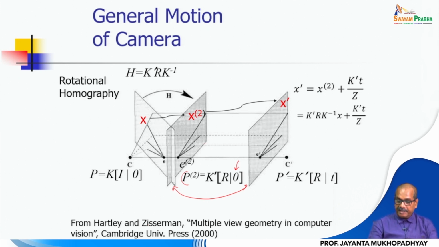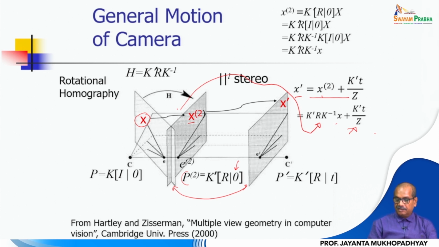Now this x prime and this point are related by the same relationships, and applying the homography, I can relate x prime with x. This finally gives you the relationship between two corresponding points under a general framework, and it relates with the depth information that we see here.